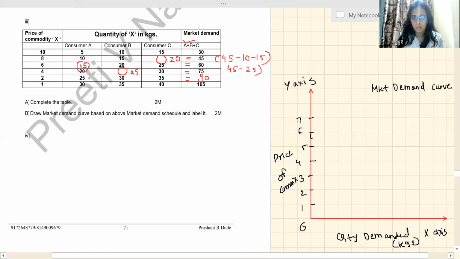Then next is 6, 7, 8. Oh, again last one, extend it, 10.